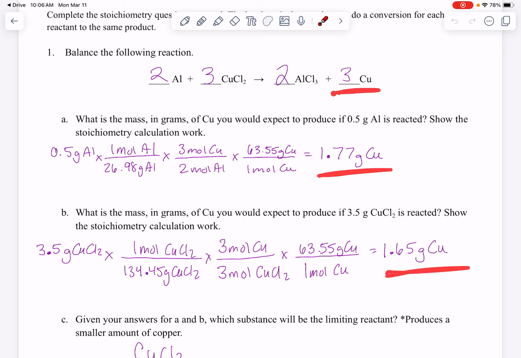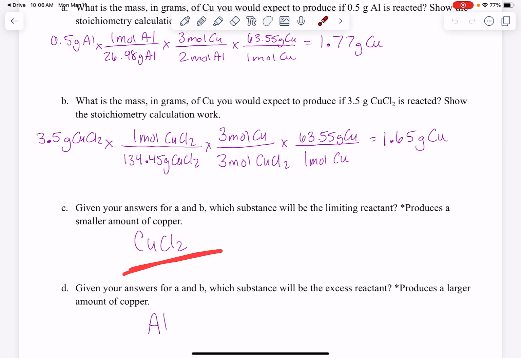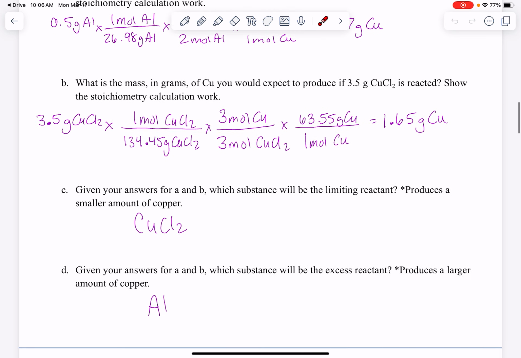In this problem, we solved for copper, but we could have also solved for aluminum chloride. We would have gotten a different quantity because it's a different chemical, but your analysis at the end would have been the same. So since copper 2 chloride produced the lower amount of copper, that was our limiting reactant. And then aluminum produced a higher amount, so aluminum was our excess.